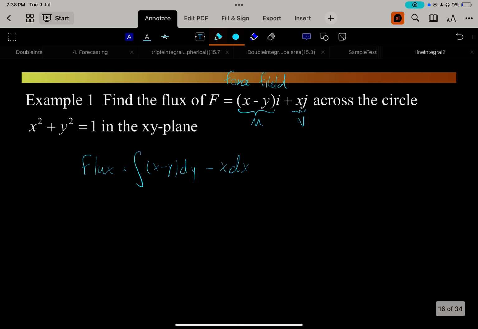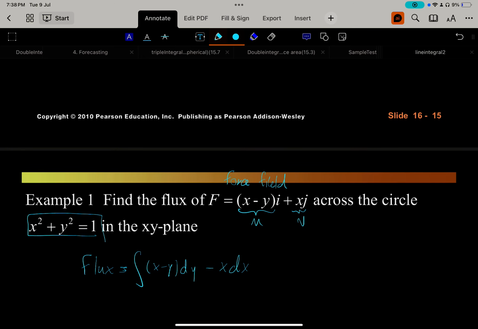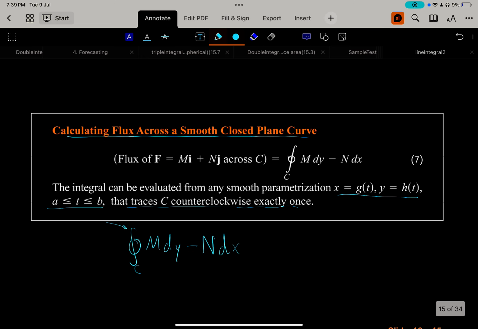Now if we want to find dy or dx, we can find it through this equation. So this is the flux and we want to find it now.